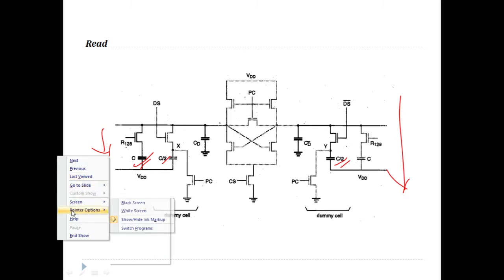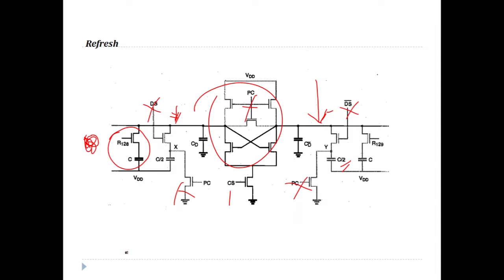So the same thing is used here. So here we know that the voltage drop on this side is larger, and voltage on this side is smaller. And because of this, this turns transistor on. As this transistor is on, and the CS is 1, so it is pulled to the ground.